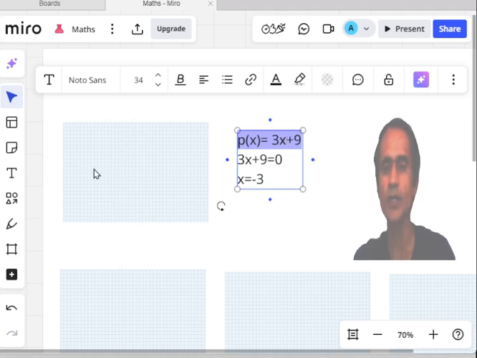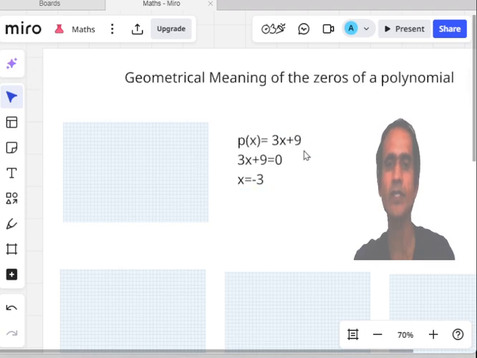And if we plot it on a graph, we'll get some shape that will be either a line or any kind of curve, whether it is a parabola, hyperbola, a circle or anything. So if we plot this polynomial on a graph, what does a plot mean?